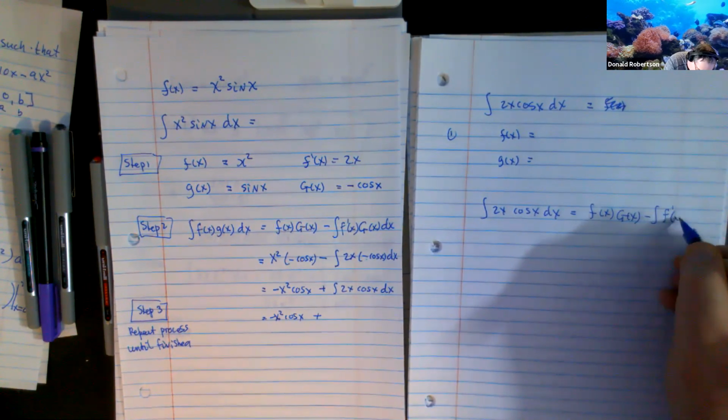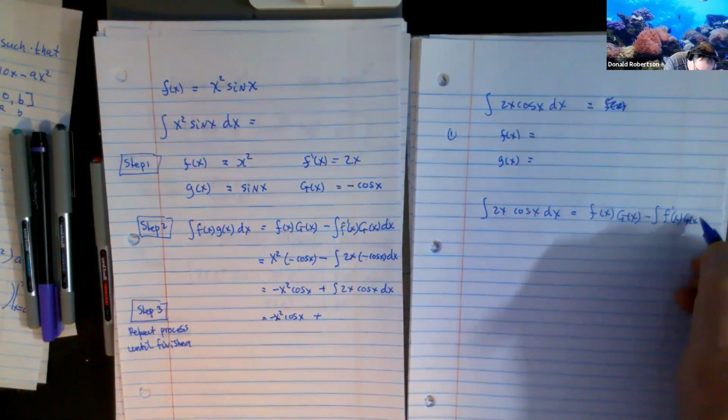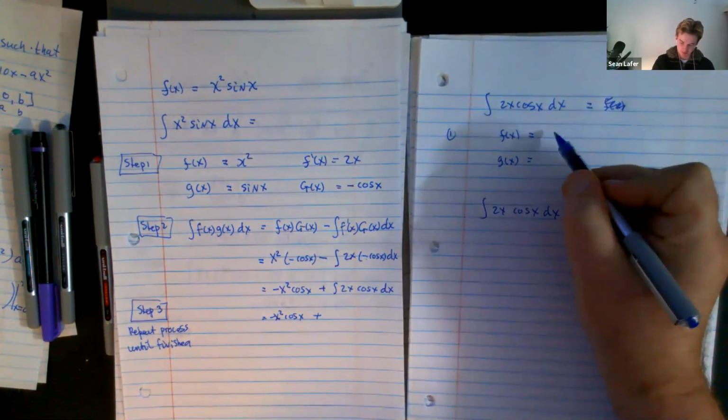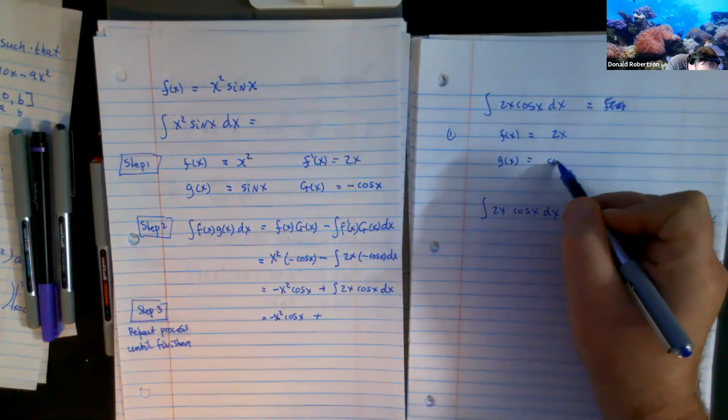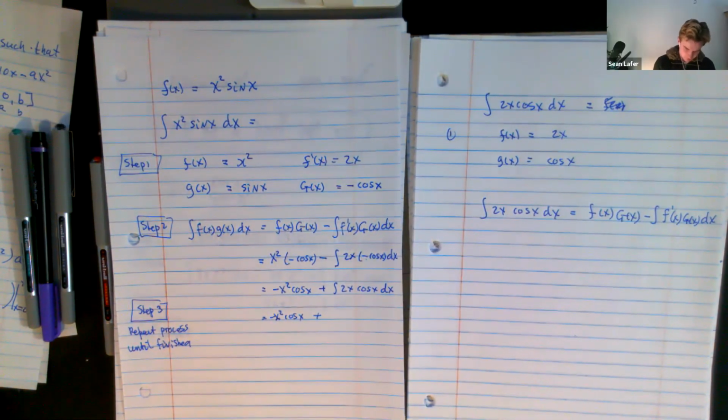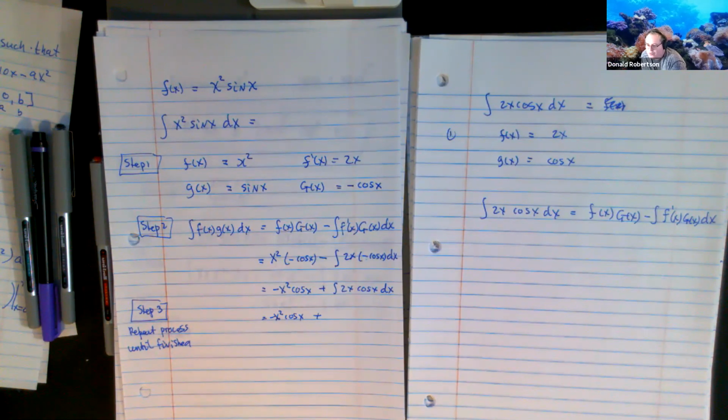I don't hear lots of answers. F of x would be 2x, right? And g of x would be cosine x. 90+% of the time, the first guy, the x's, is going to be your f. We won't see situations where that's not true today.